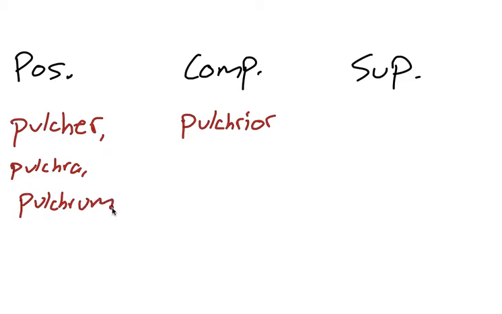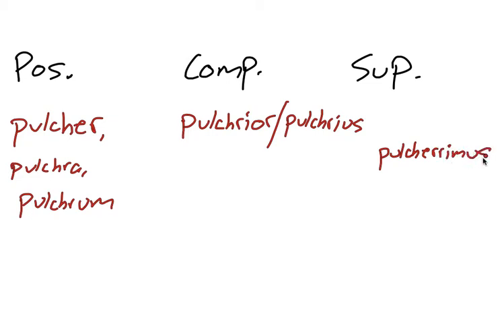So it drops its E out in its base, so you have to remember that for the comparative. So it would be pulchrior or pulchrius. And then the superlative would be pulcherrimus. Okay, so if it ends in ER, you have rimus in the superlative, and you don't actually take the base. You just add rimus to the nominative, singular masculine form.